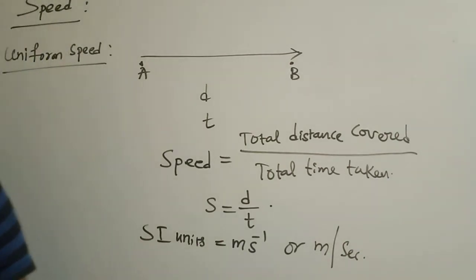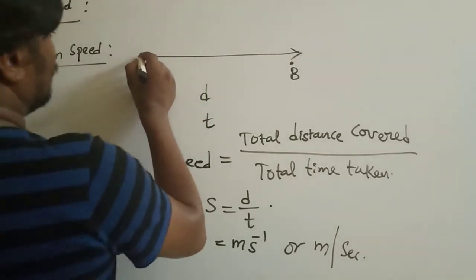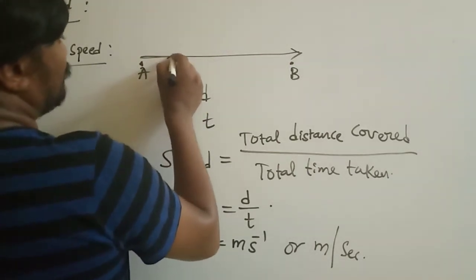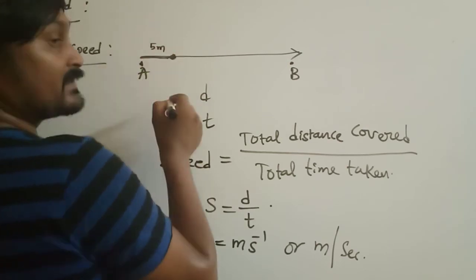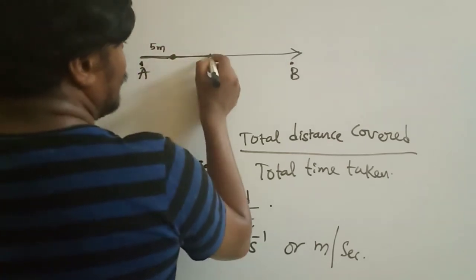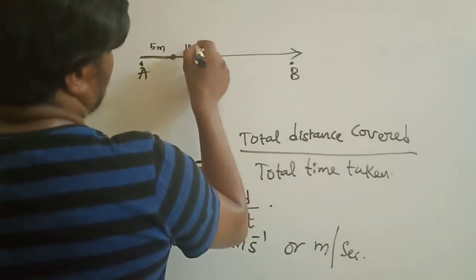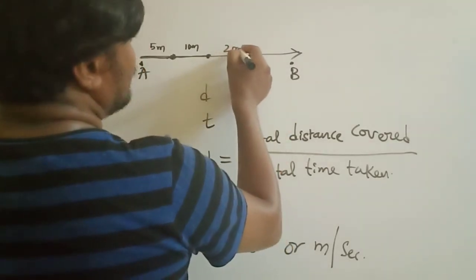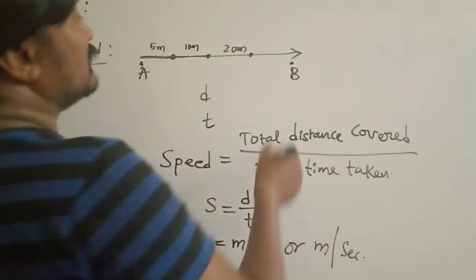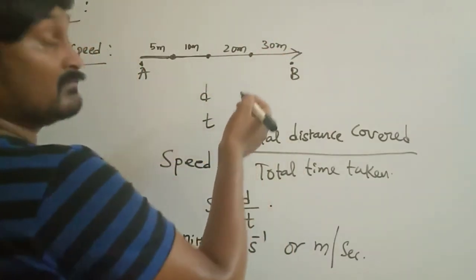However small the interval may be. For example, you have covered 5 meters in 5 seconds, and again from here to here it may be 10 meters in 10 seconds, then 20 meters in 20 seconds, then 30 meters in 30 seconds.